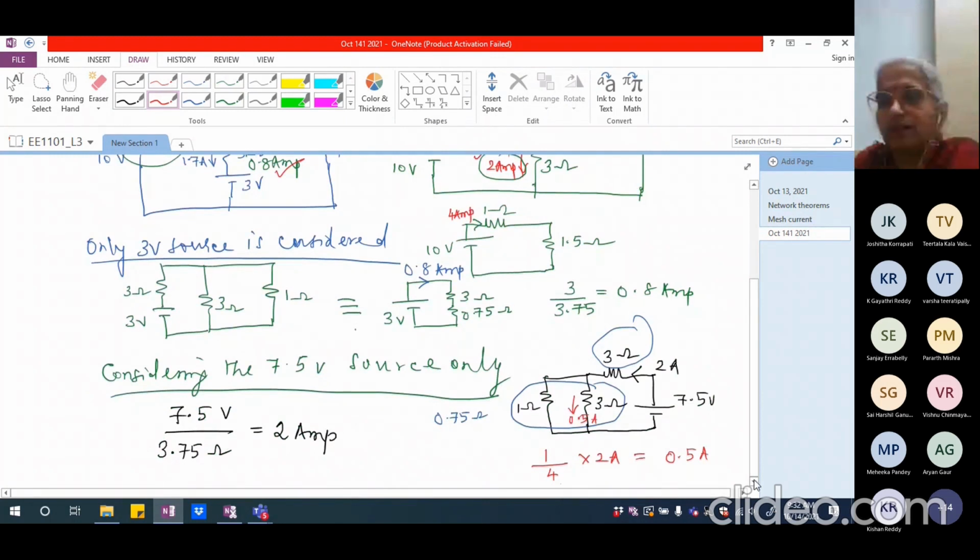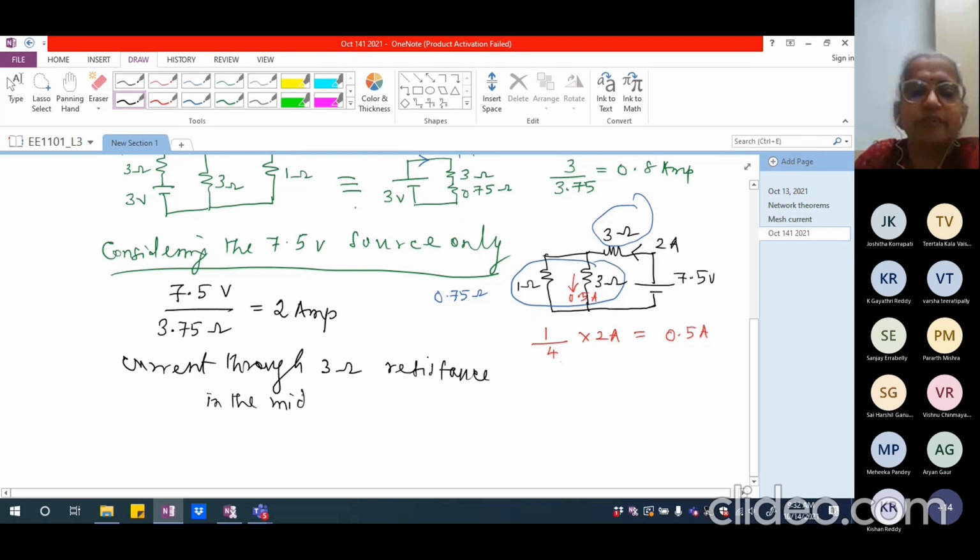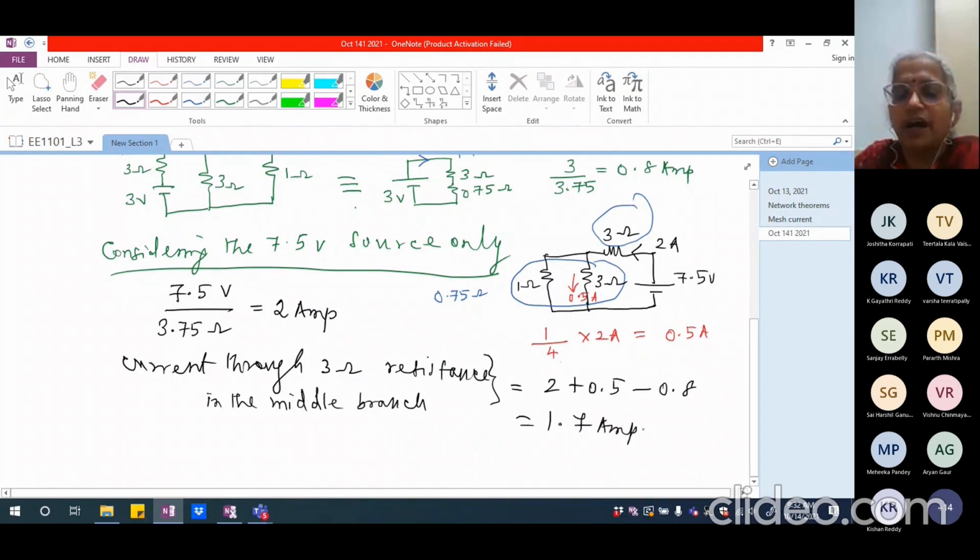So the current through the 3 ohm resistance in the middle branch is going to be 2 plus 0.5 minus 0.8, which happens to be 1.7 ampere. I hope this gives you clarity in terms of the directions of current, what we were talking about. Is this all right? Okay.